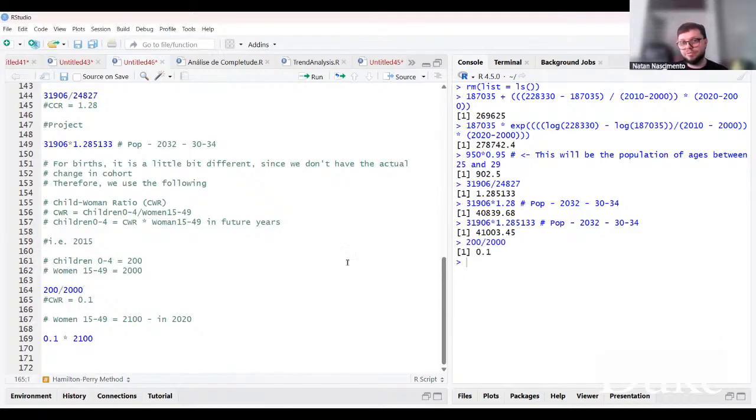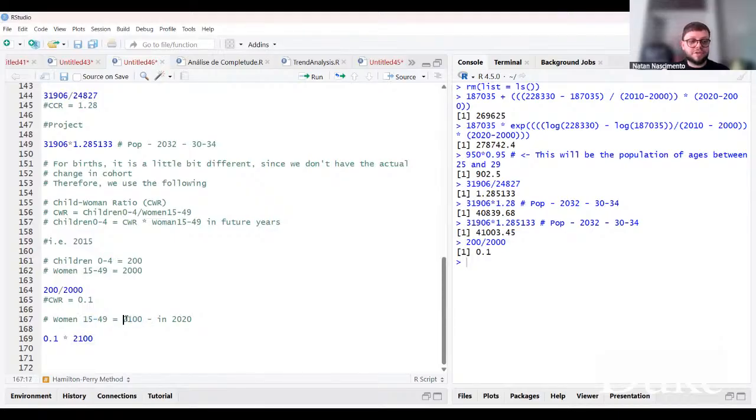This one has no other cases because it's pretty obvious, but to project 5 years to 2020, we use the women in 2020 for the same age.